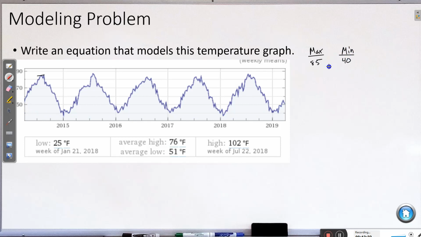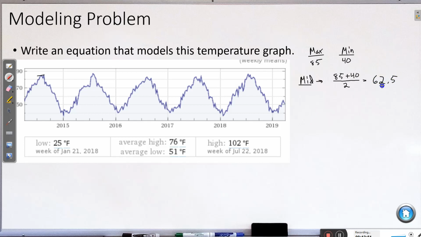So because I know the max and the min, I should be able to find the middle. So remember, the middle is you take the biggest plus the smallest and divide by 2. And that gives us 62.5.